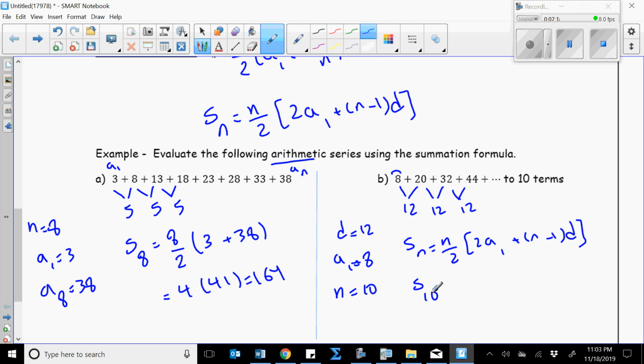So S10 equal to 10 over 2, 2 times 8 plus 10 minus 1, which is 9, times 12, which is equal to 620.